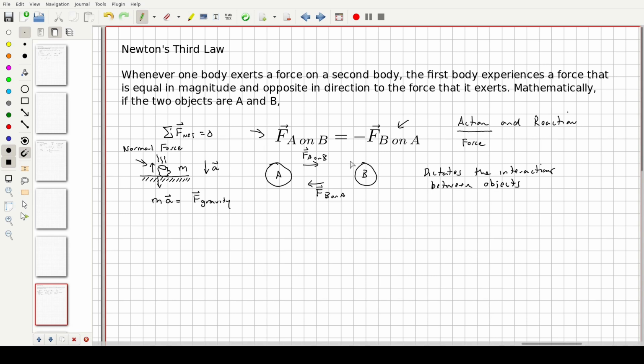Okay, so three very important laws that you can take and you can use the calculus with and derive the entirety of University Physics 1.